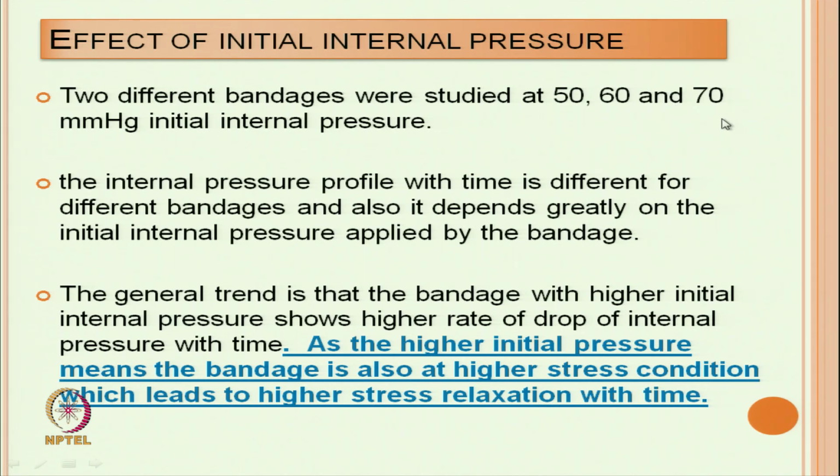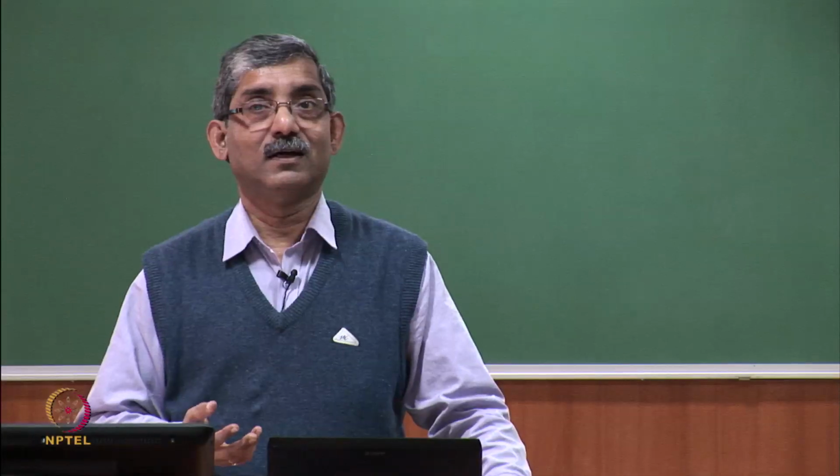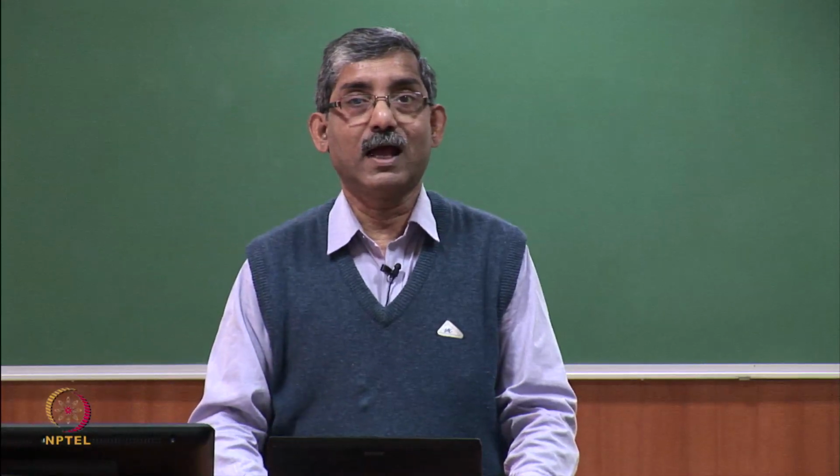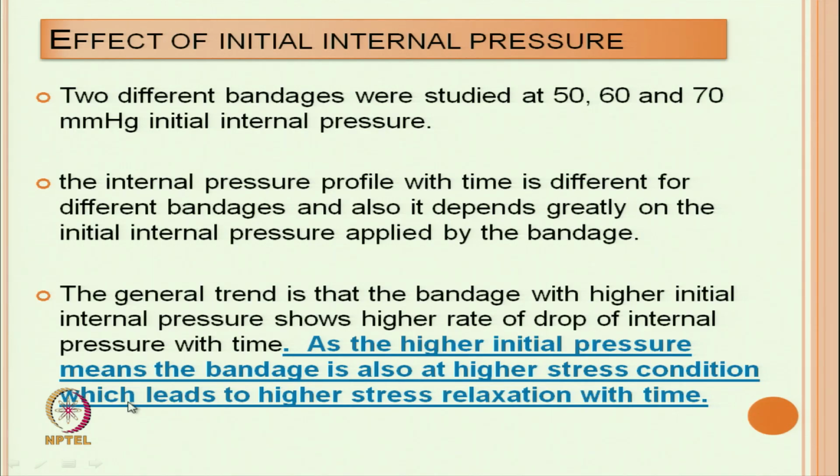So, the bandage was initially under a stressed condition for 70 millimeter Hg. As it is under high stress condition, the stress relaxation will also be high. Higher initial pressure means the bandage is also at higher stress condition, which leads to higher stress relaxation with time.